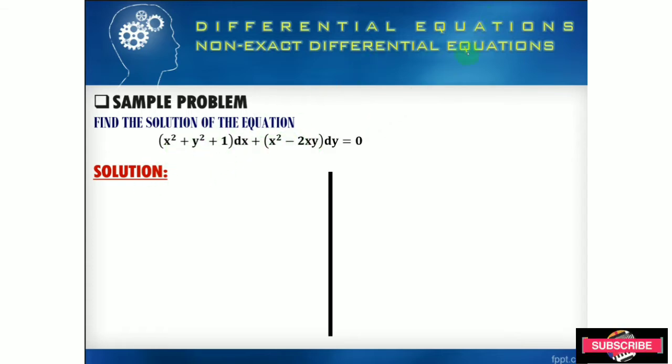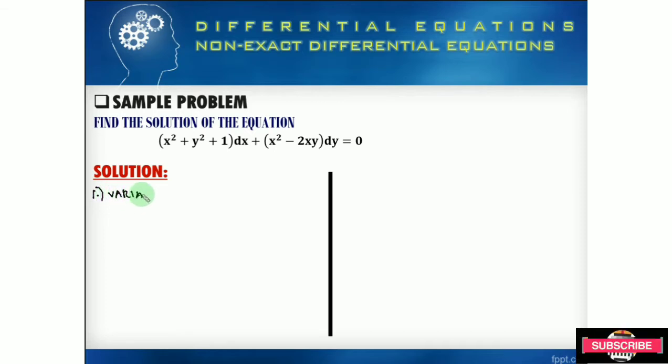So first we are going to check, if the problem does not indicate what method we are going to use here, whether this given equation can be solved using variable separable.